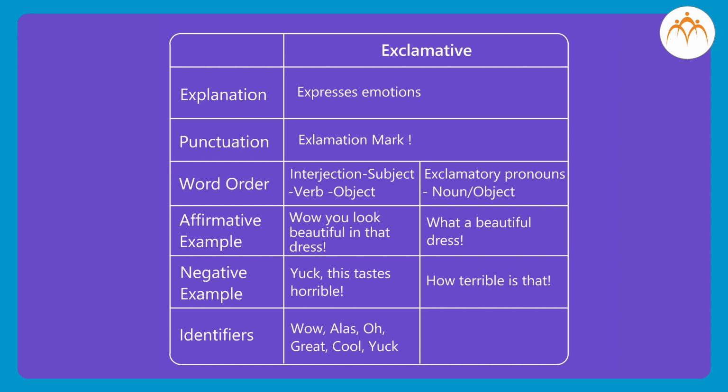Exclamative: it expresses emotions. The punctuation used is exclamation mark. Word order, interjection, subject, verb, object. Or exclamatory pronouns, noun or object. Affirmative example, wow, you look beautiful in that dress.